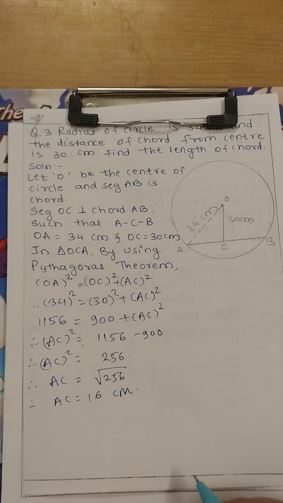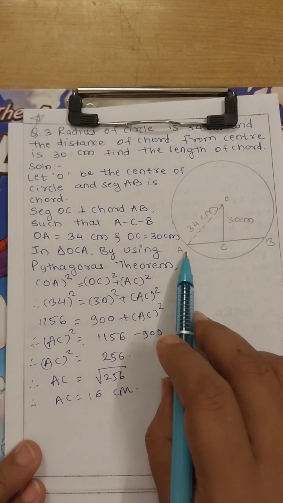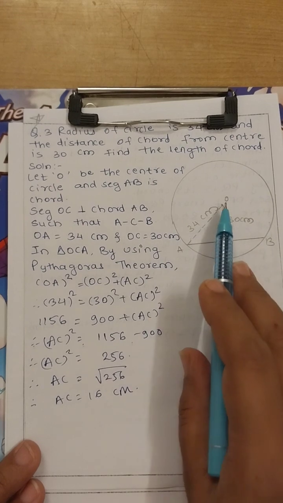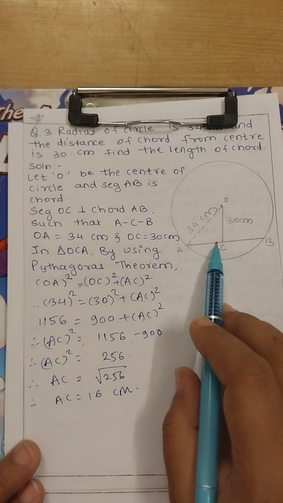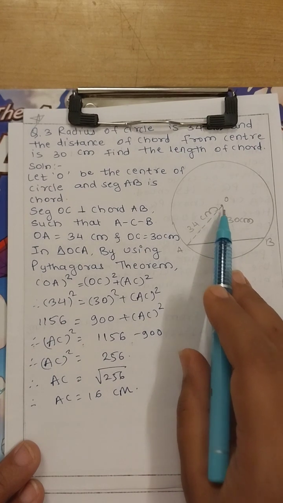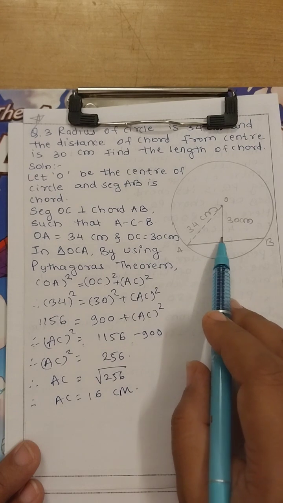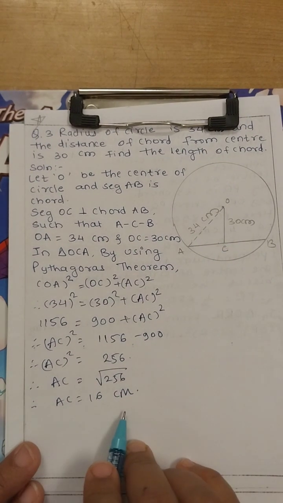Now, which value have we got? AC, which is half of AB, because angle OCA is 90 degree. Why? Because the perpendicular drawn from the center of a circle to the chord bisects the chord and makes angle 90 degree. Therefore AC is 16 centimeter.